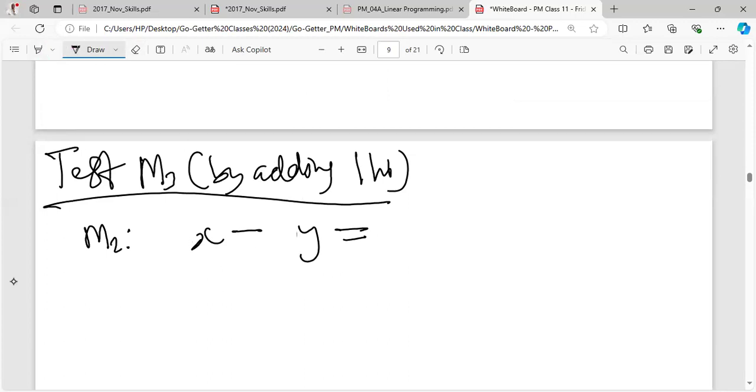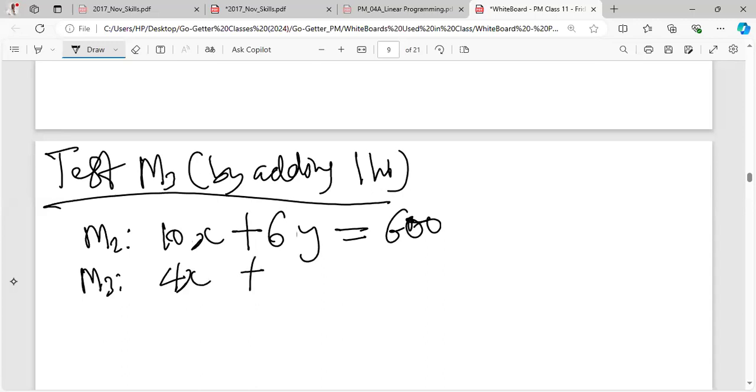M2 is 10x plus 6y equal to 600. Now your M3 is 4x plus 12y is equal to 720 plus the extra one.